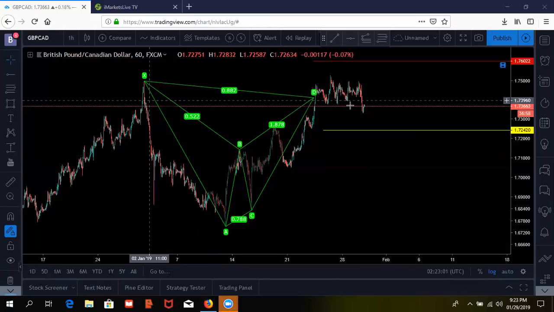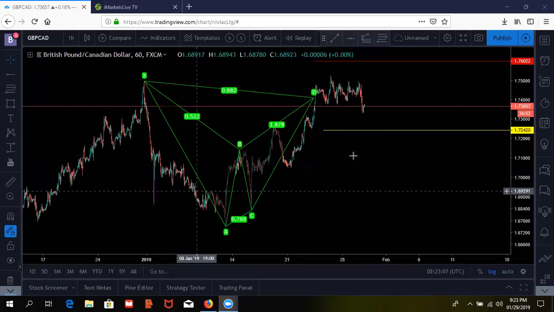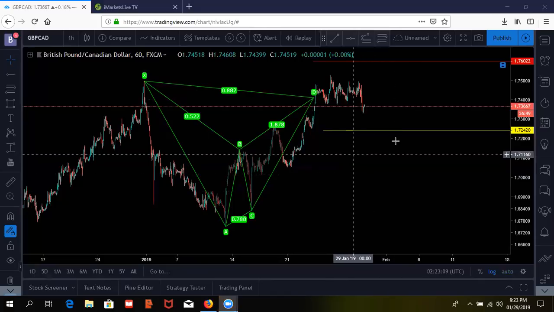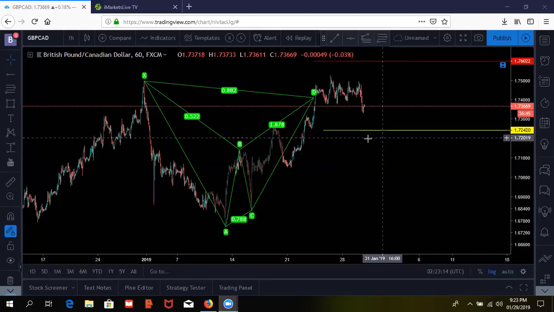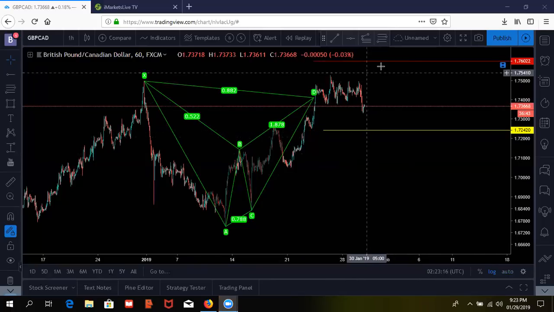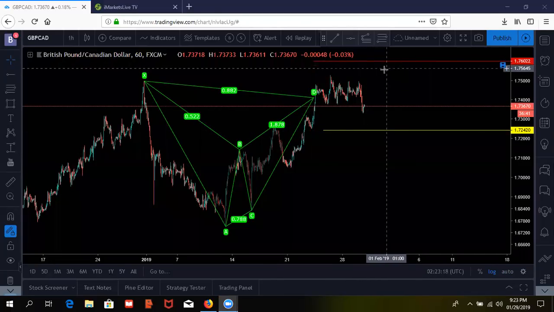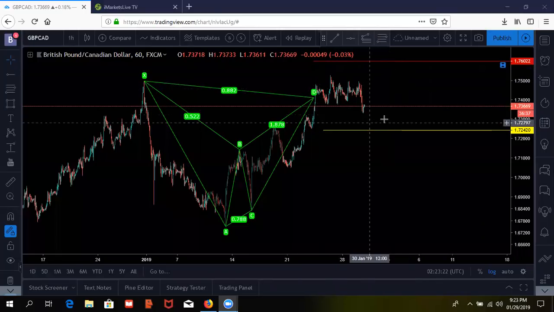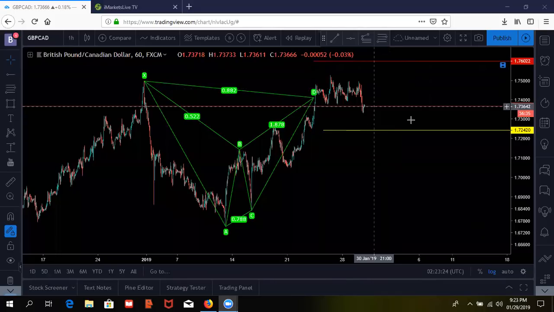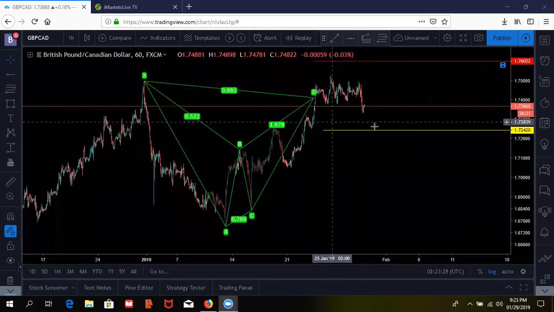I don't adjust my stop loss or anything until it hits target one or it stops me out of the trade, or unless I just feel like closing a trade and I just close the entire trade. But other than that, I don't move my stop losses even if I'm in profit.